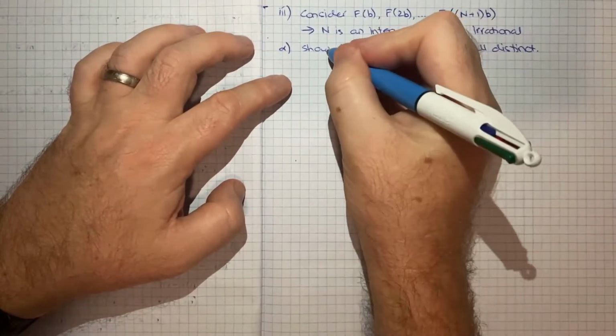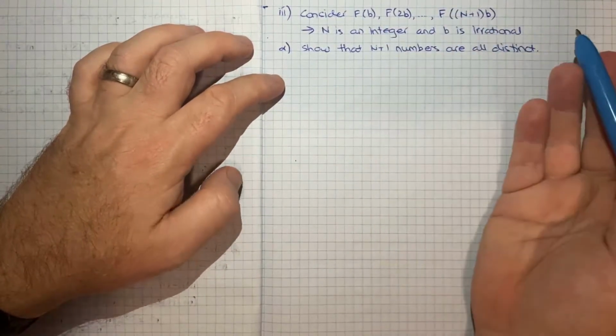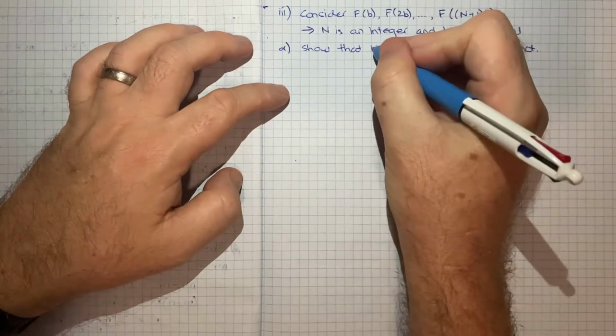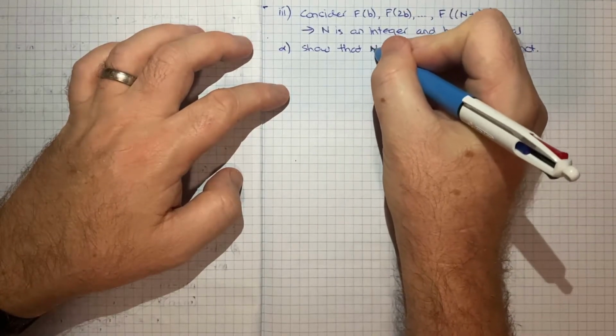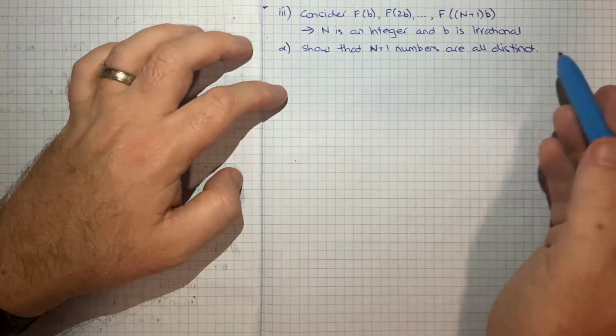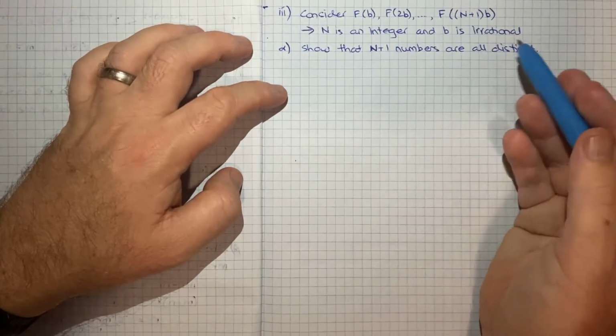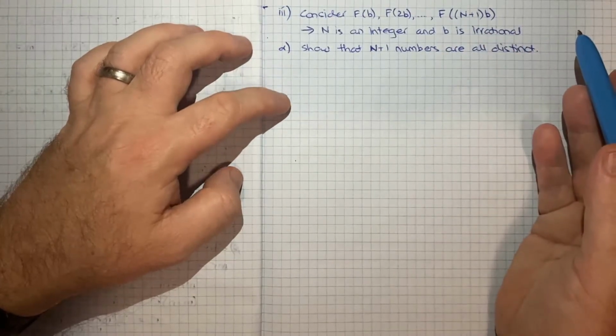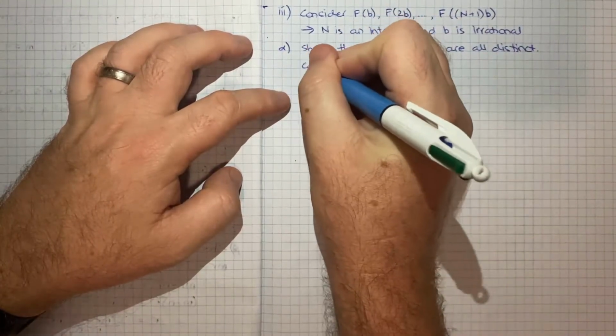At this point, you've got to think, well, what are the options available to me? I think proof by contradiction is the most straightforward way to go about proving something like this, because all we have to do is assume the opposite and show that that leads to a contradiction. So let's use contradiction here.